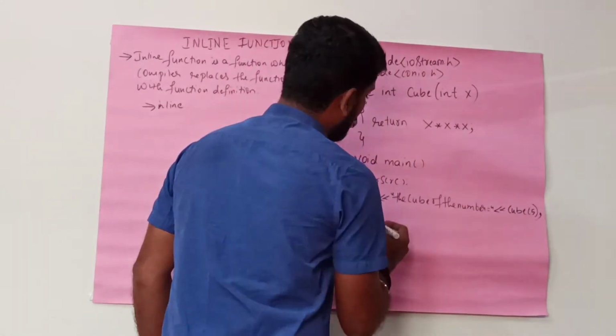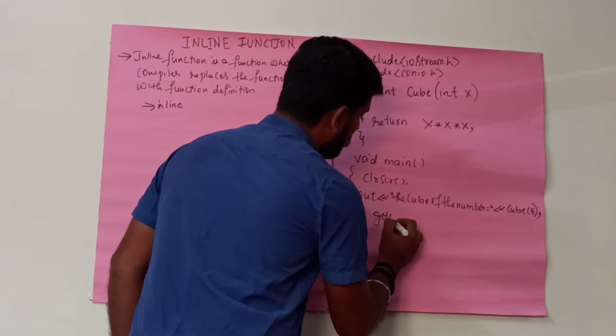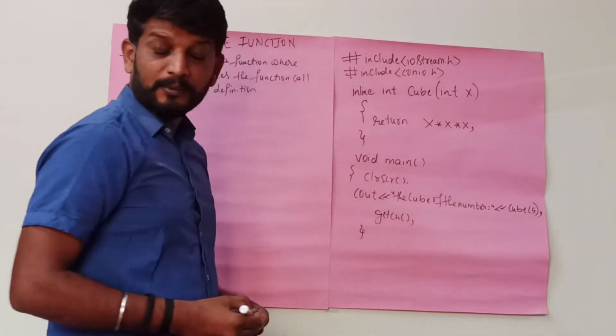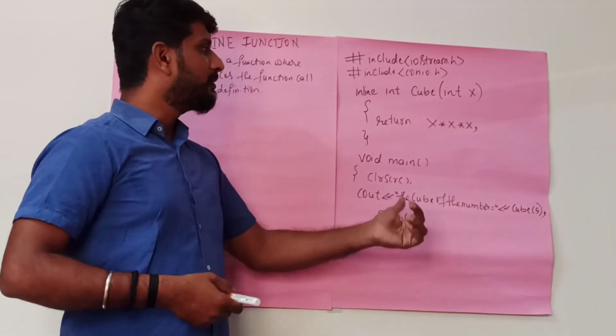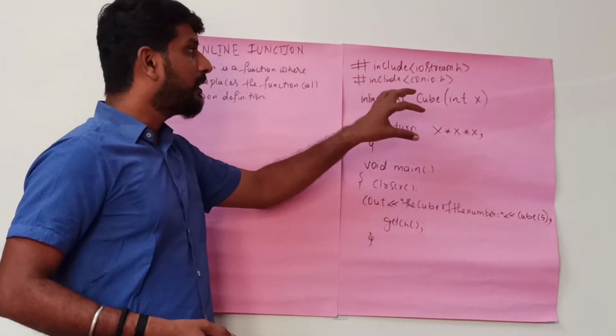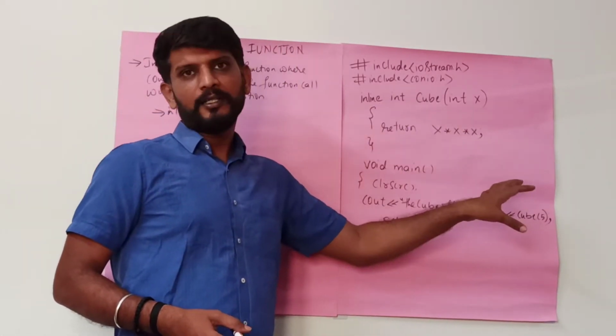Okay, so I am calling the function, and then getch. So this is the program, a simple program that makes use of the inline function, and this function will calculate the cube of a number.